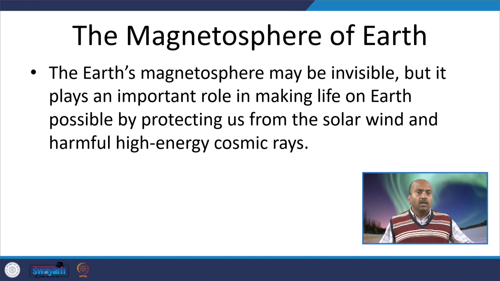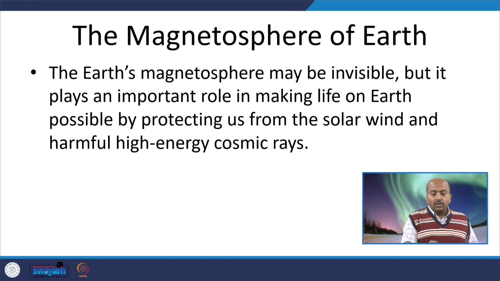It may also be harmful for human life as we know it. In addition, the flux of cosmic ray particles coming from outside the solar system is very large, and the magnetosphere is able to shield against them, keeping them from entering the Earth's atmosphere.